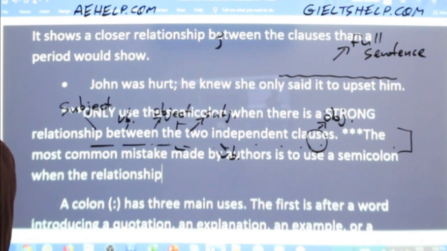So the most common mistake made by authors is to use a semicolon when the relationship is weak. Okay, so be very careful.